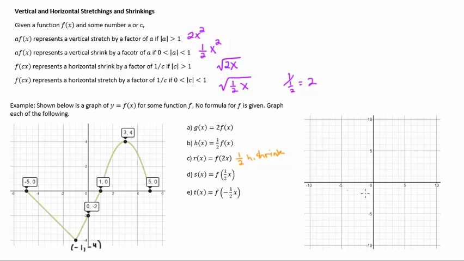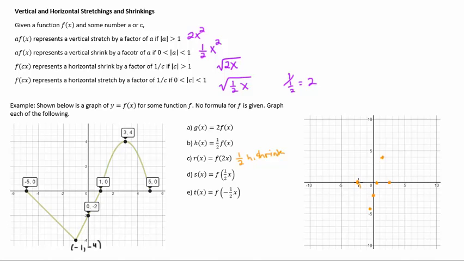So we're going to move our x values in halfway to the y-axis. -5, 0 would be -2.5, 0. -1, -4 is going to be -1/2, -4. 0, -2 stays where it's at. 1, 0 becomes 1/2, 0. 3, 4 becomes 3/2, which is 1.5, 4. 5, 0 becomes 2.5, 0.